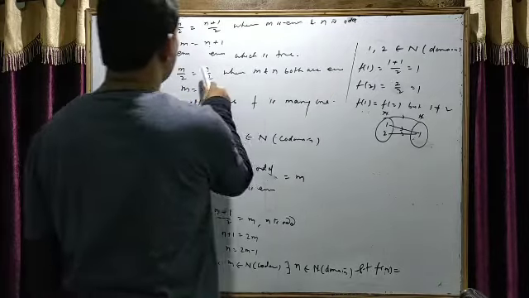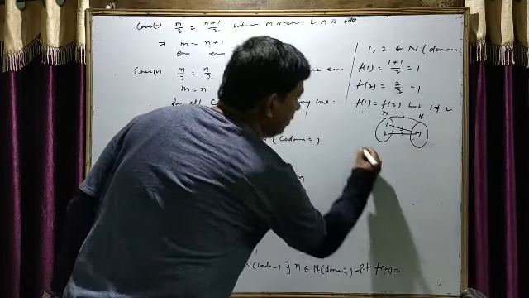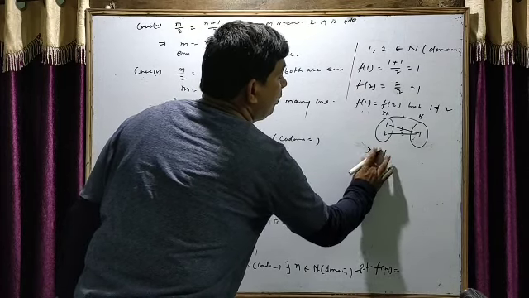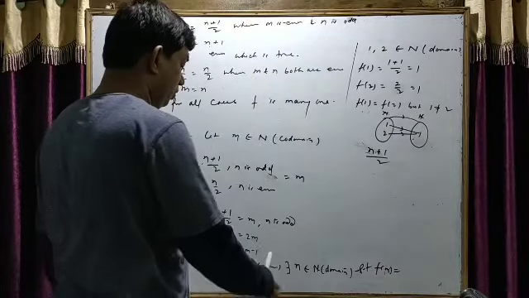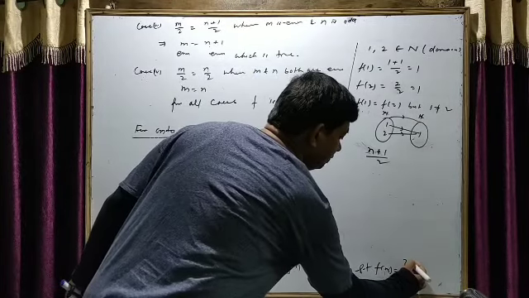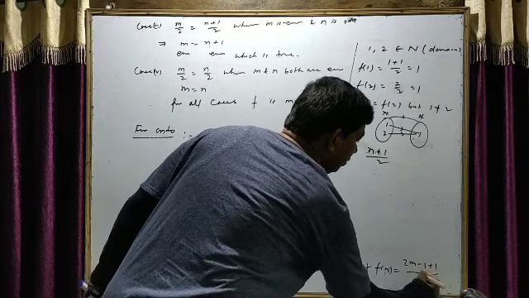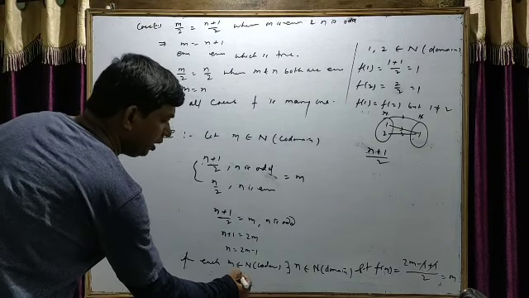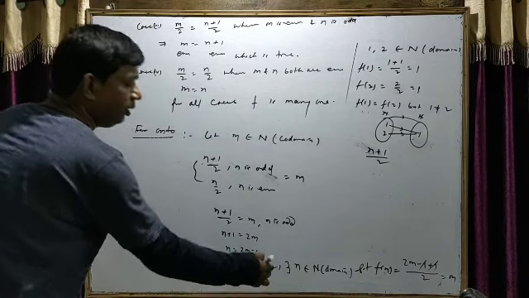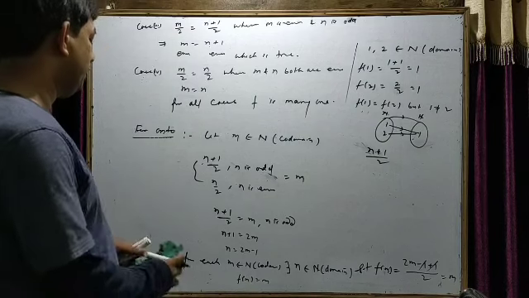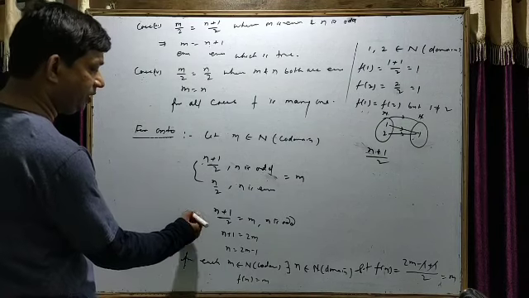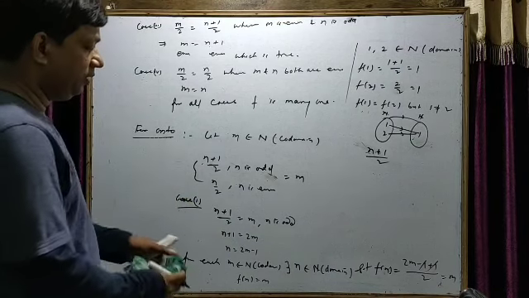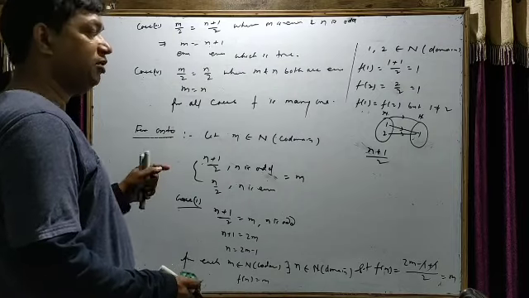So this is the definition: if it is odd then (n plus 1) by 2. So n is 2m minus 1, plus 1, by 2. So these two things cancel. So it is m. So f of n equal to m. So range equal to codomain. So in case 1 it is onto.